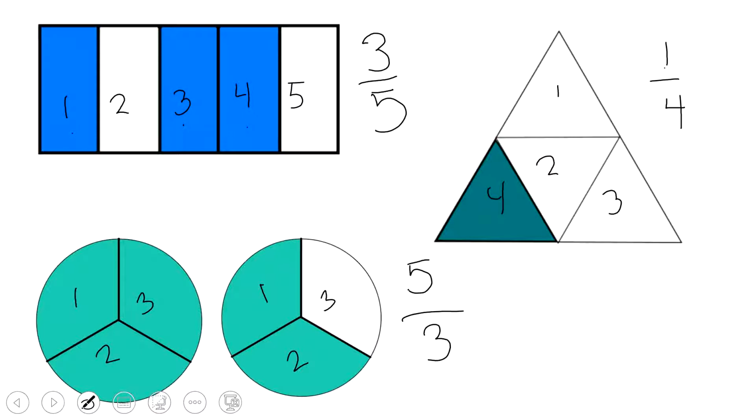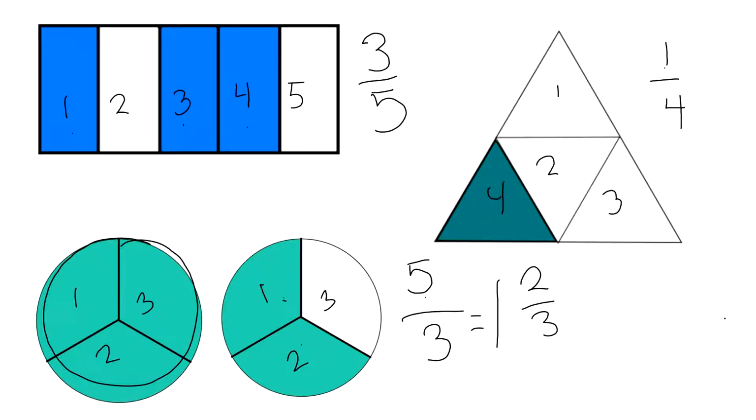So the fraction for this would be 5/3. Or I could say 1, because this is one whole, and I've got then 1/2 shaded in. And those are the same. So we already know how to do this.